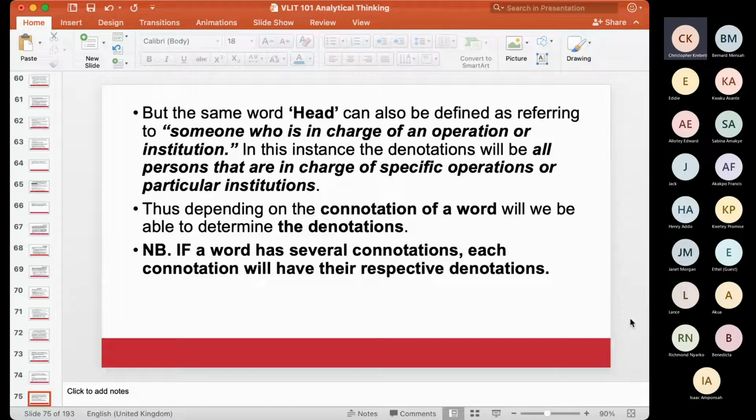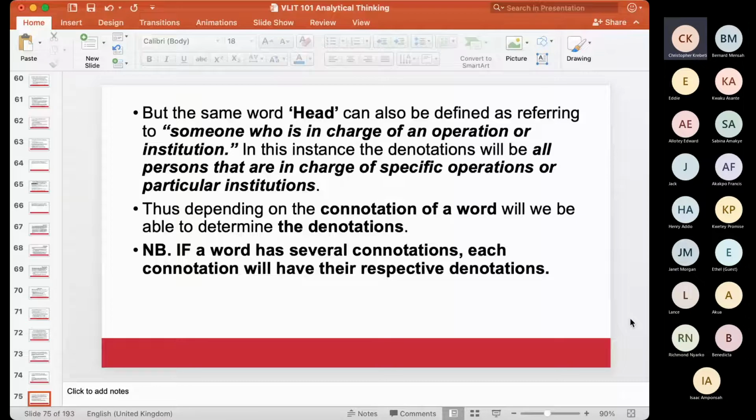Now, the one in charge of the operation of the academic process in the entire university is referred to as the pro vice chancellor academics.